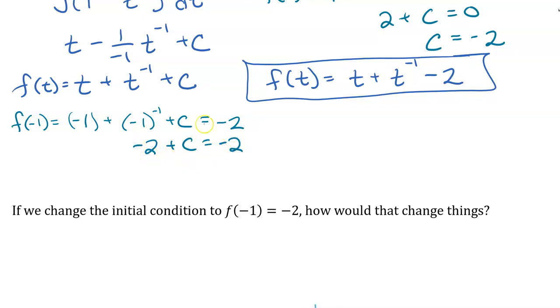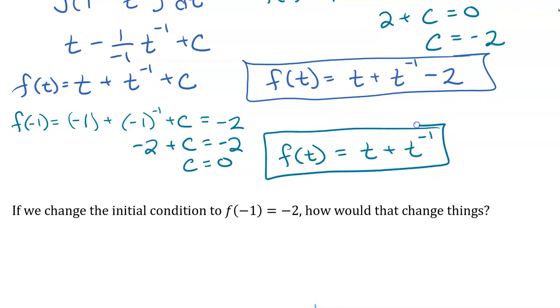Well, that implies that c is 0. So in this case, our original would just be t plus t to the negative 1.